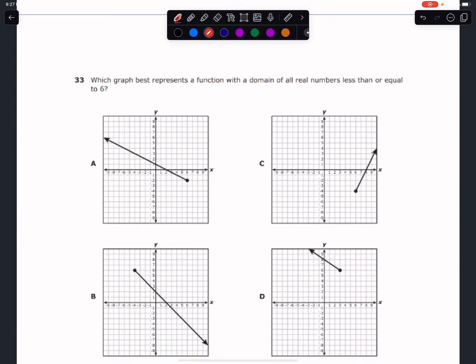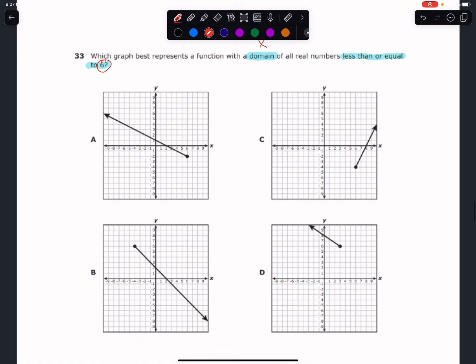Which graph represents the domain? Domain less than, or so we're looking at a couple of things, equal to 6. First off, I need to find the domain, and the domain, we're talking about X, and that X should have something associated with the 6. So let's look at this one.